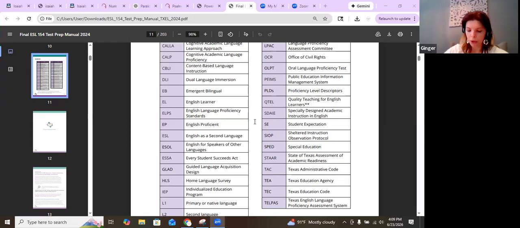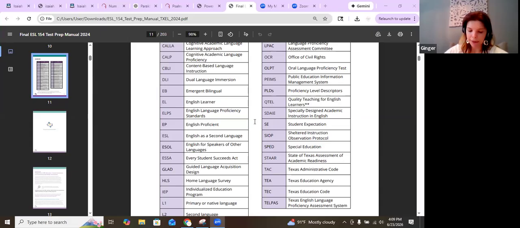Accommodations also refer to adjustments and supports in testing and in other output situations to increase accessibility for learners with special needs. Examples could be repeating, speaking louder, speaking slower, so many different accommodations to help the students understand.